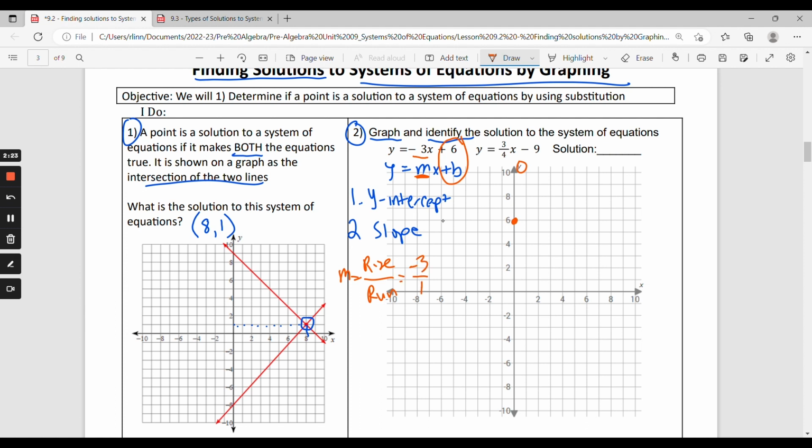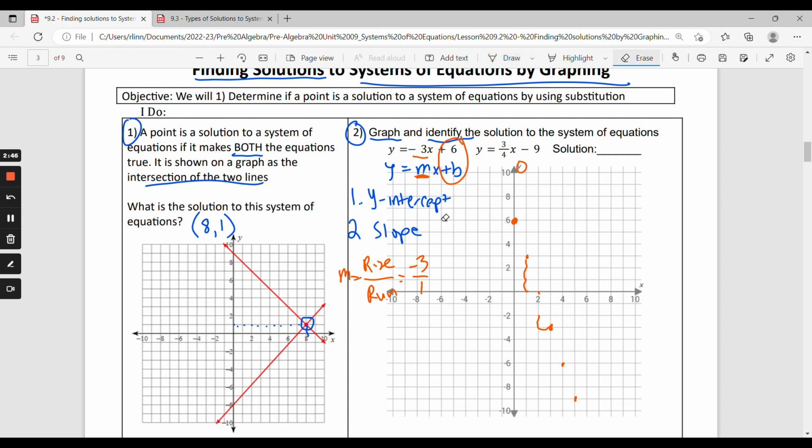So my rise is negative 3, my run is 1. So if I'm going to go negative 3, that means I'm going to count down 1, 2, 3 to the right 1. And I can do this multiple times. Down 3, to the right 1, down 3, to the right 1. And we can keep going down and find all of our points on that line.